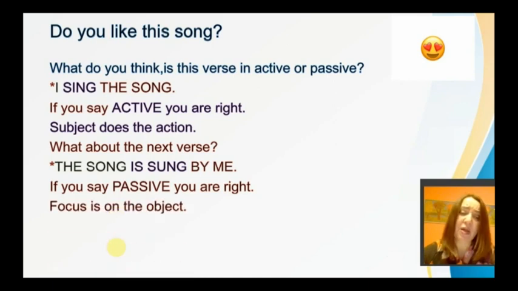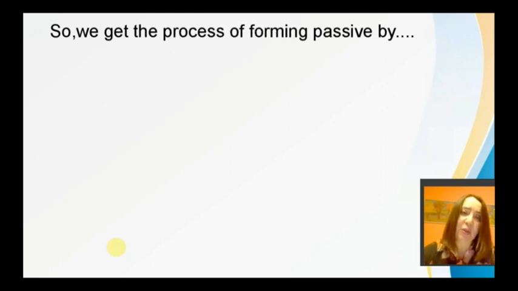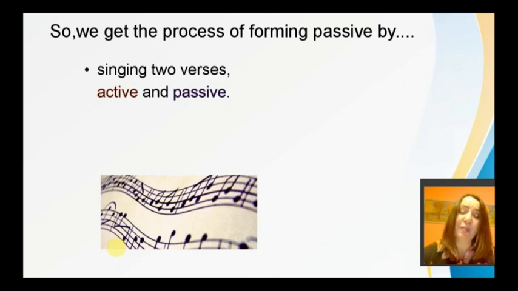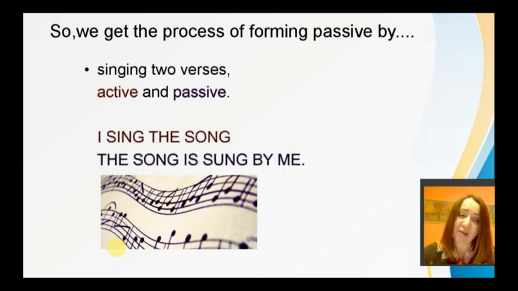Focus is on the object. So we get the process of forming passive by singing two verses, active verse and passive verse. I sing the song, the song is sung by me. Do you like my singing?